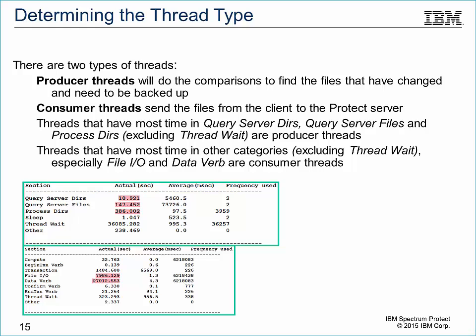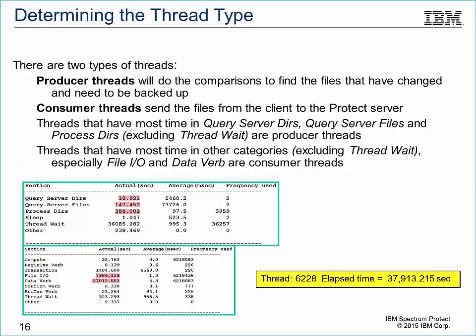However, what is important are the categories shown in the section column here. The two columns under Actual show the average time and the number of occurrences of each category, under Frequency Used. Here's an example. One of the most important categories is Data Verb.